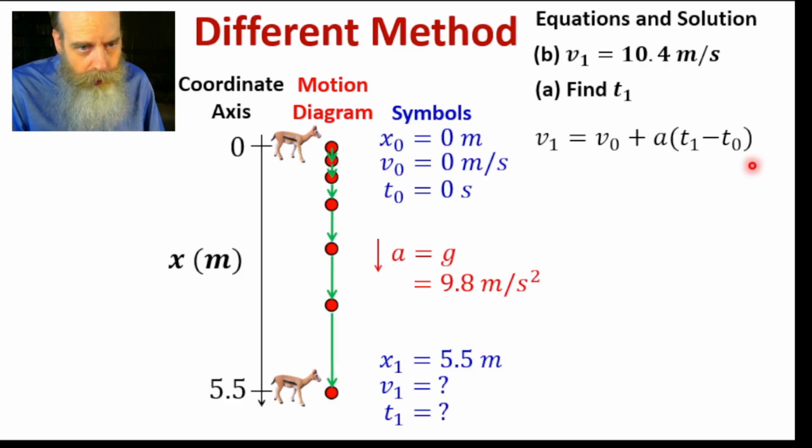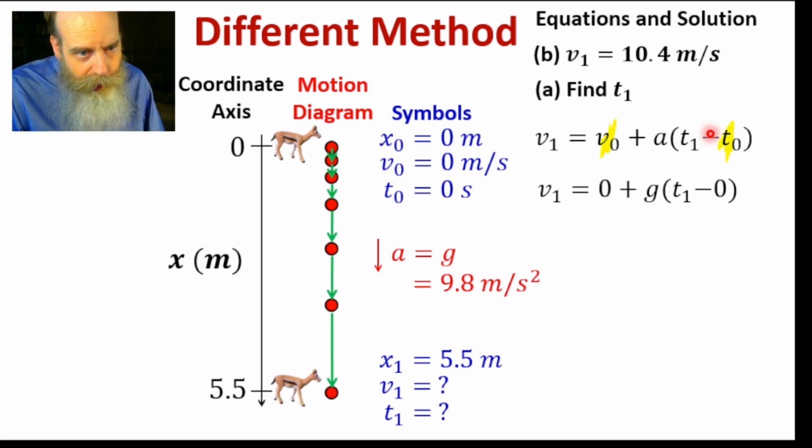We'll use this equation: v1 equals v0 plus a (t1 minus t0). So what do we know here? We know that v0 equals 0, so that cancels out. t0 equals 0, that cancels out, and a is equal to g. And so we get this: v1 is 0 plus g (t1 minus 0), or v1 equals g t1.